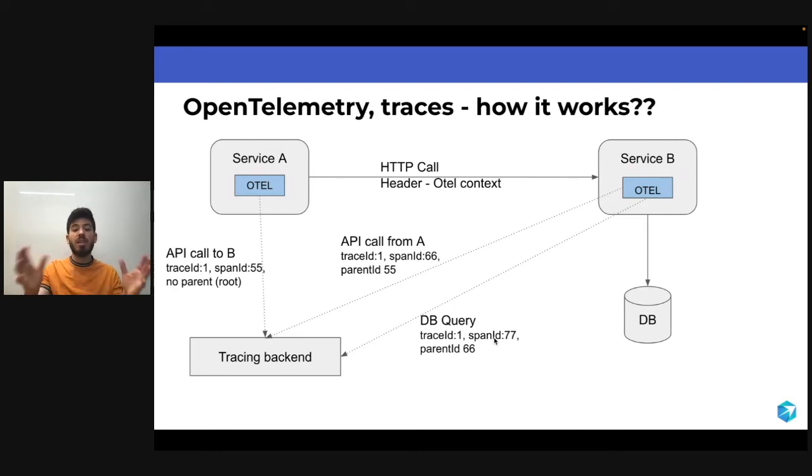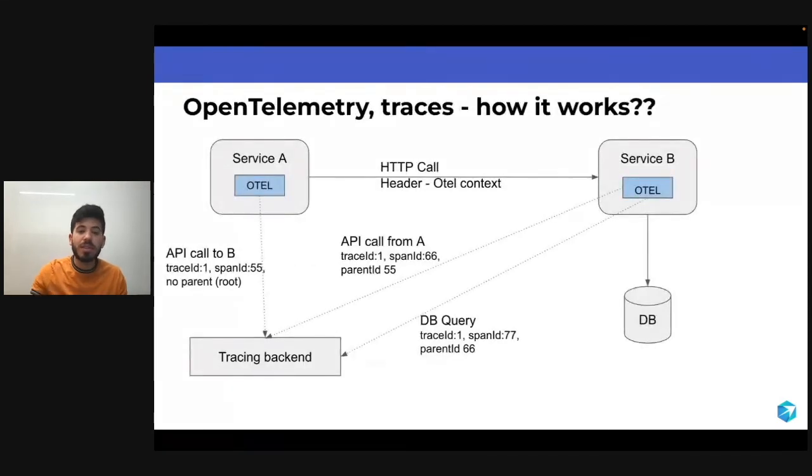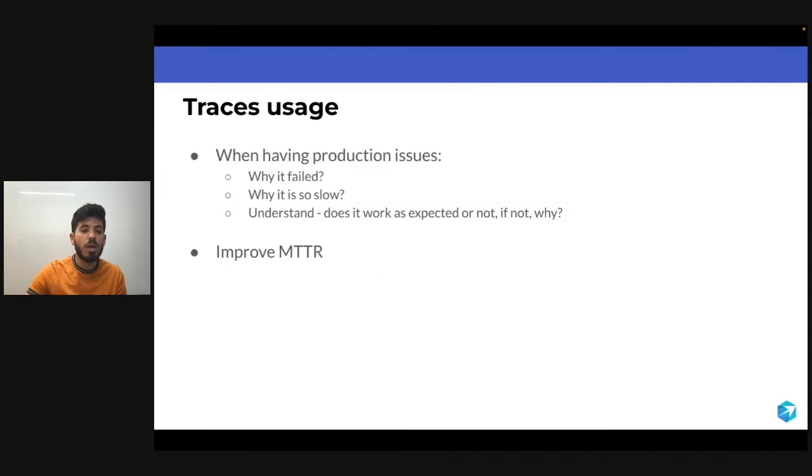And since all of these atomic operations share the same trace ID, we can grab them all and look at them over time. So this is how the magic happens, how OpenTelemetry knows to create these beautiful graphs for you.